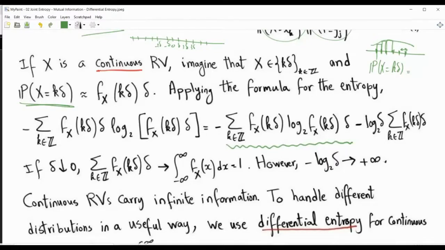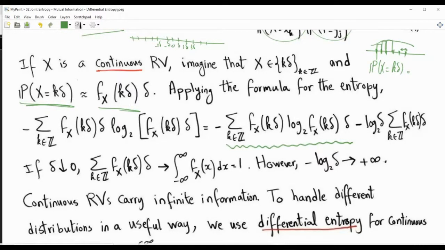Then the probability that x is equal to k delta is, because our random variable is continuous and has a PDF, approximately f of x at k delta multiplied by delta. This is very close to the truth as delta gets smaller and smaller. Delta is positive, and we can imagine it is infinitesimally small.